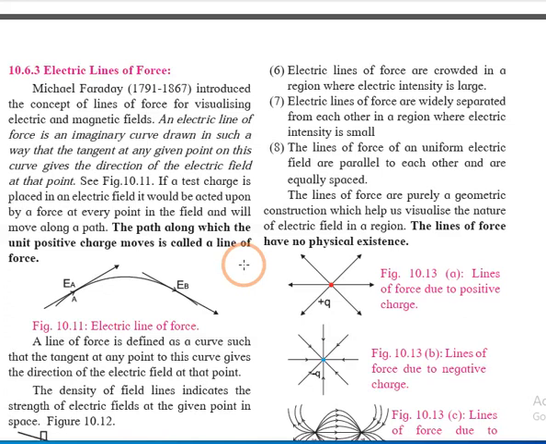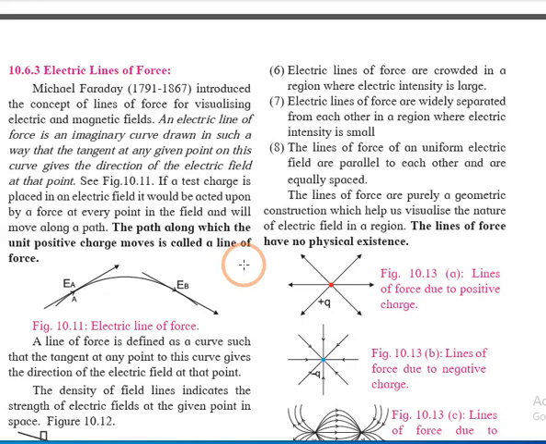I repeat, it is an imaginary curve drawn in such a way that the tangent at any given point on this curve gives the direction of the electric field at that point. In a simple way, the path along which the unit positive charge moves is called a line of force.